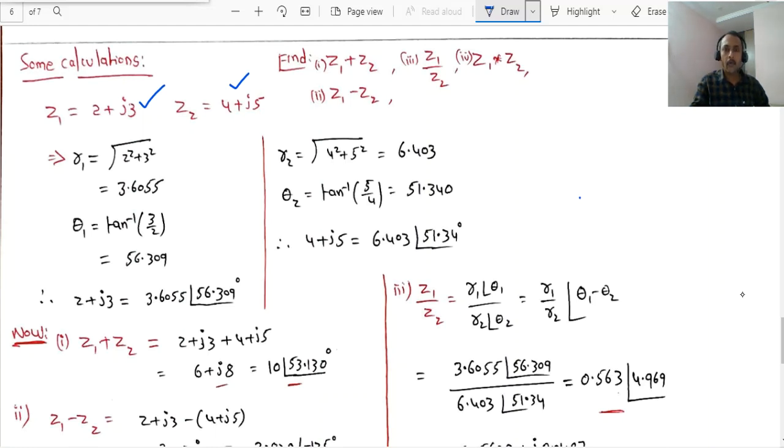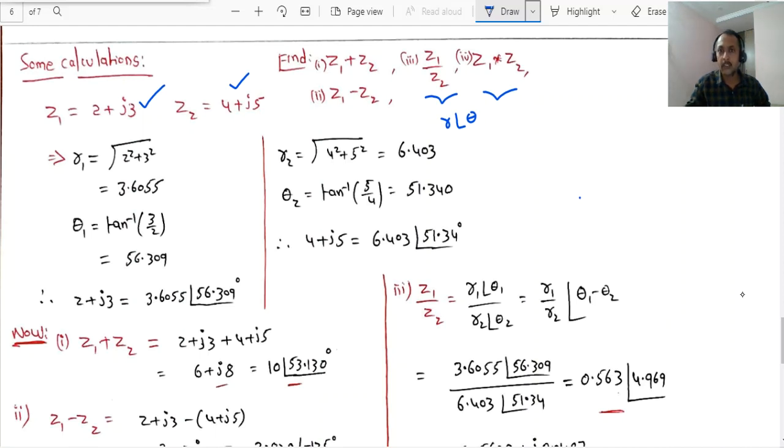Now addition and subtraction are convenient in direct complex form itself. If it is division or multiplication, please express them in terms of r at an angle theta, polar form. Polar form will be convenient for you.